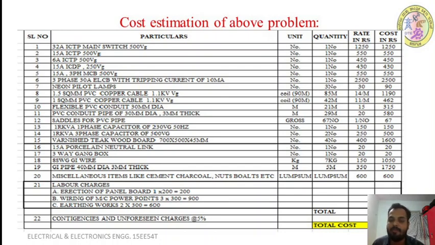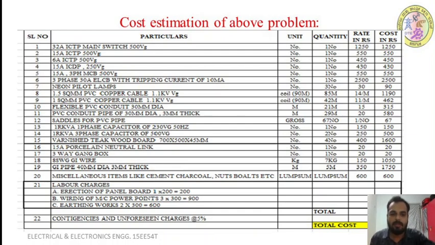Next porcelain fuse link, neutral link, 20 rupees for one, quantity 1, so 1 into 20 is 20 rupees. Next 3-way gang box, we require 1, so 20 into 1 is 20 rupees. Next 8 SWG GI wire, you require 7 kg at 150 rupees per kg, so 7 into 150 is 1050 rupees.